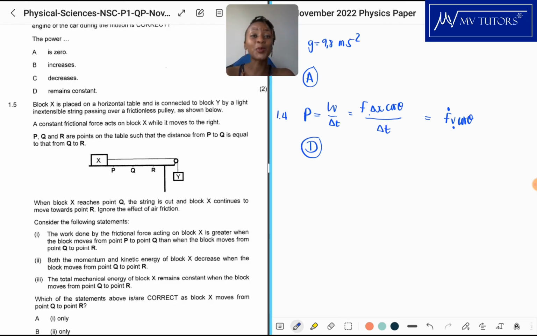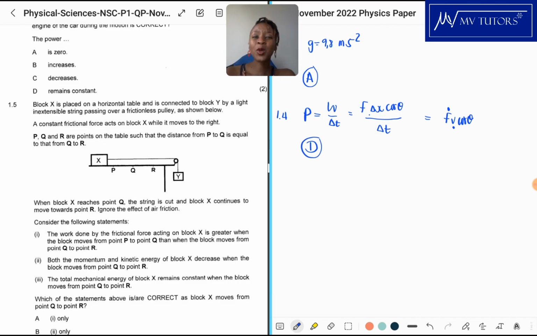Okay, remember, it will move in the same direction unless an external force acts on it. So because of inertia, it will continue moving, but at what rate? Ignore the effect of air friction. Consider the following statements. Before we even go there, you had this block Y that was assisting block X to move to the right. Yes, you had some friction which was slowing it down.